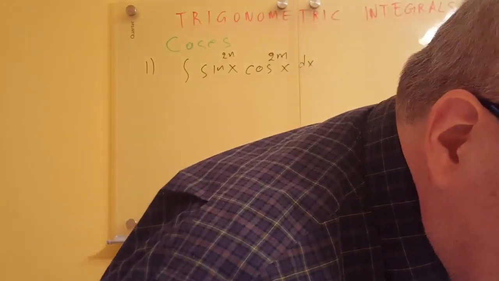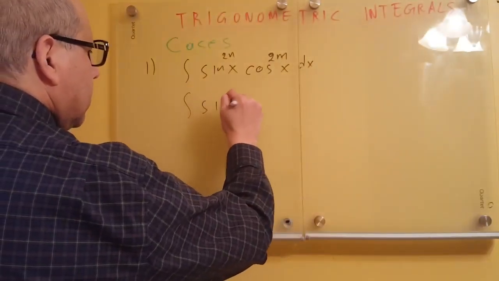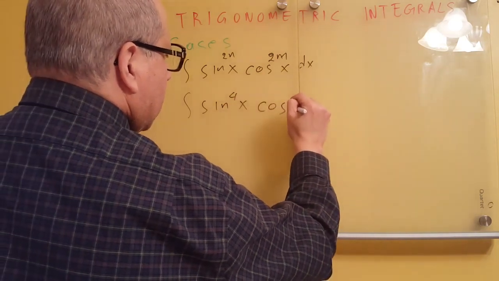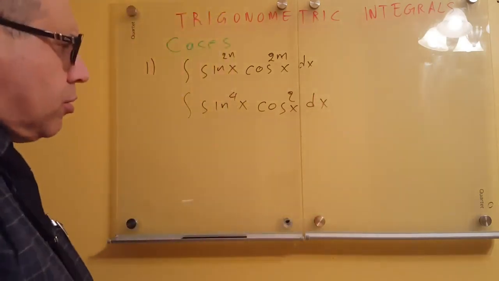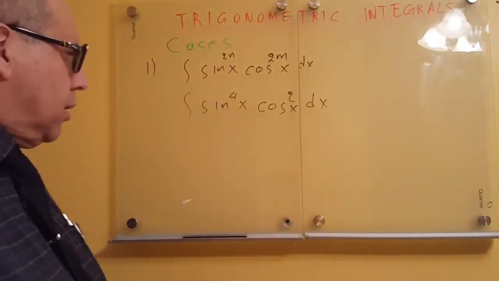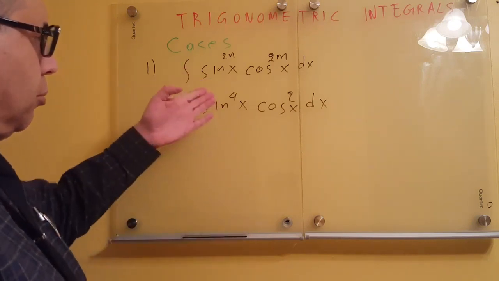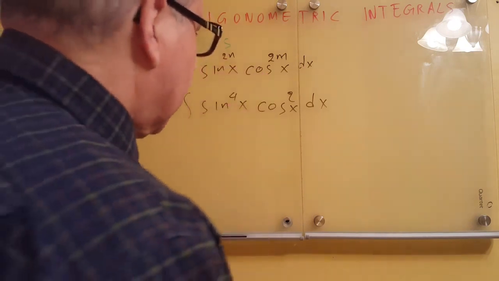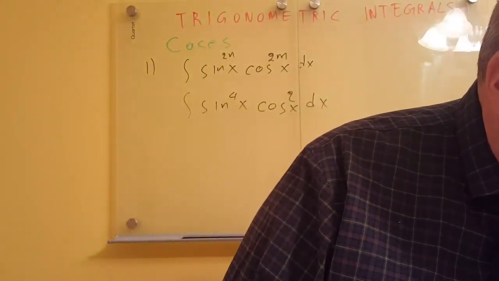Okay, to find the integral of sine x to the 4th times cos x square dx. As you see here, both the powers of sine and cos are even. So that means that we have to use what we just said.